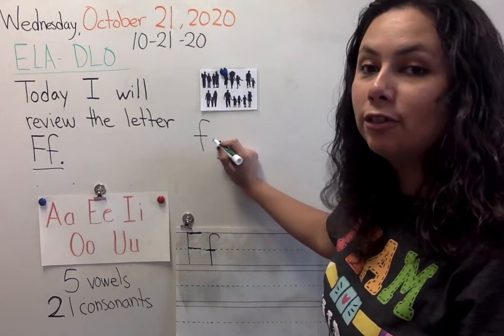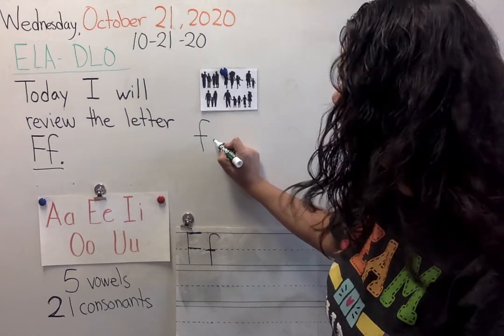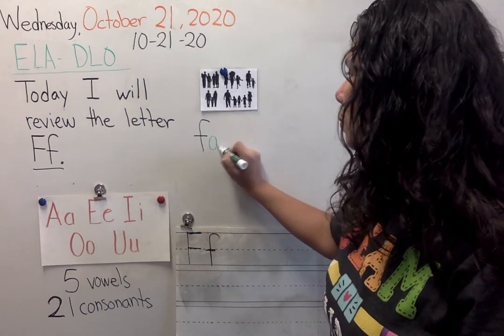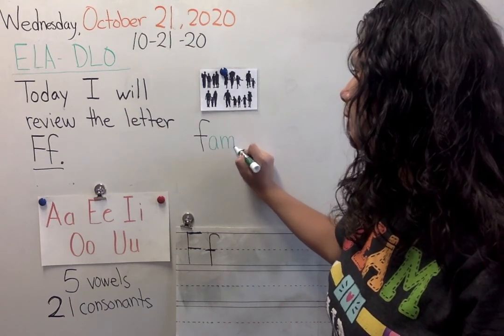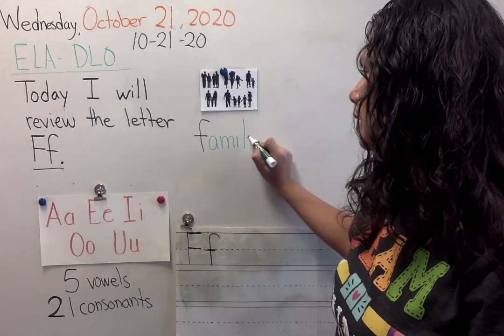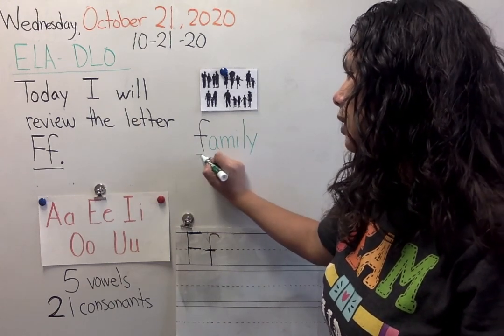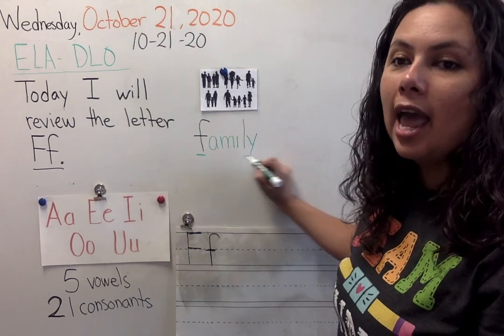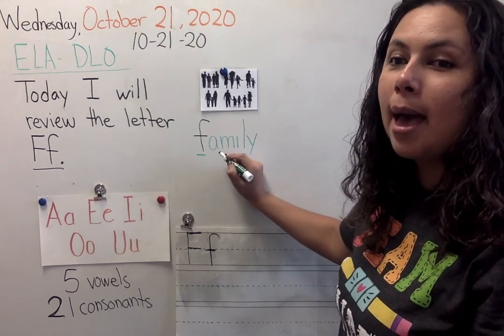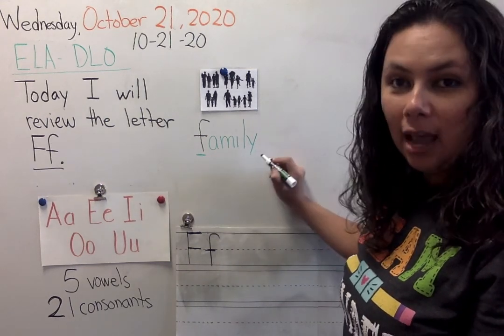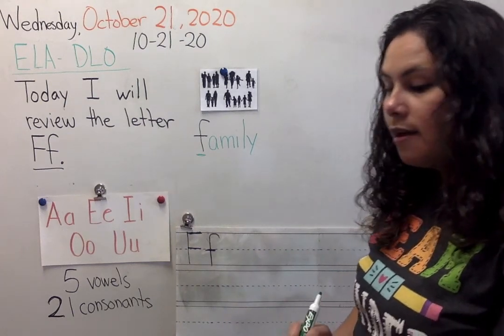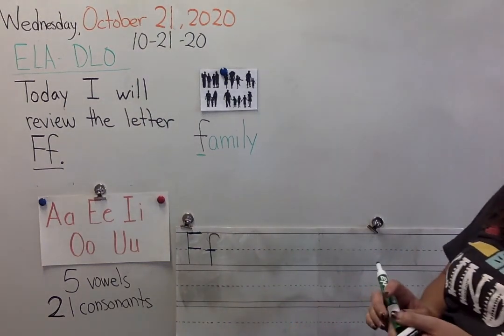You do not have to write this in different colors. I'm just showing you guys that we are looking for that very beginning sound, the onset. This sound right here, the onset. Family. Let's blend it. Family. Family does begin with the fff sound.